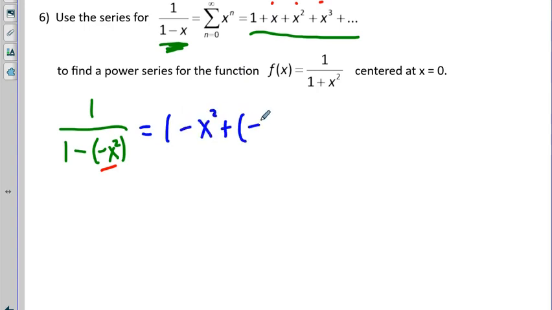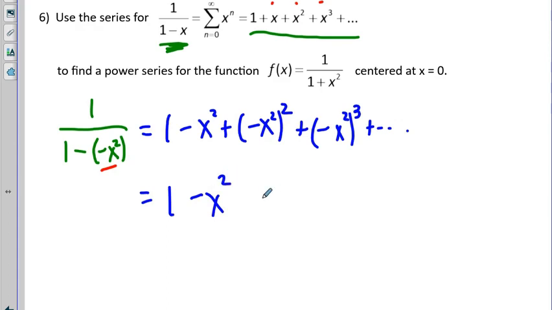And then the x squared, well, I'm going to substitute negative x squared in squared. And then I'm going to substitute negative x squared cubed in, and so forth. And so this becomes 1 minus x squared plus x to the 4th minus x to the 6th, which is exactly what we had on the last slide, because it should be the same thing no matter how you do it.